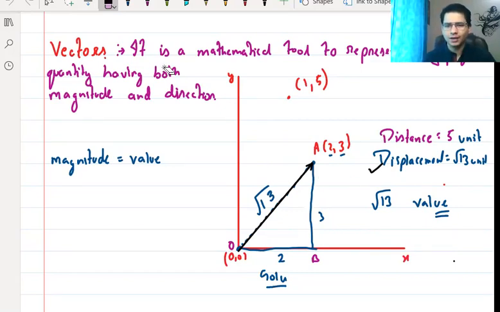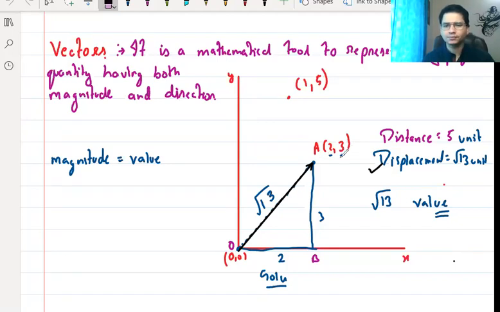Any position can be plotted using coordinate geometry, X-axis, Y-axis. So I plotted a point A. The point is (2, 3), which means that in the X coordinate, the displacement is 2, and in the Y coordinate, the displacement is 3.